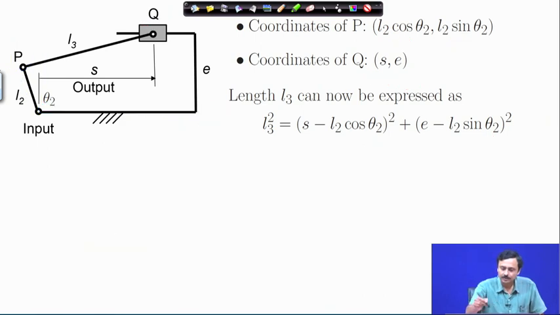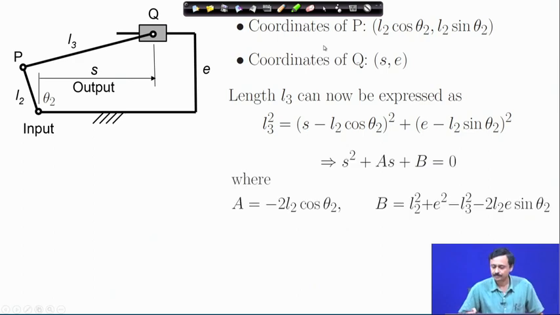So, let us formally see this. So, this is what I have written out for you. So, we get this quadratic equation S square plus A s plus B equal to 0, where we have these definitions of A and B as we derived it just now.